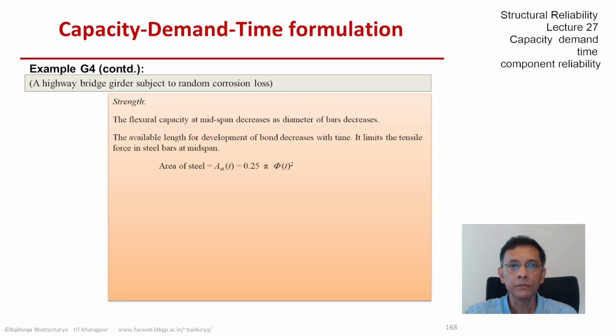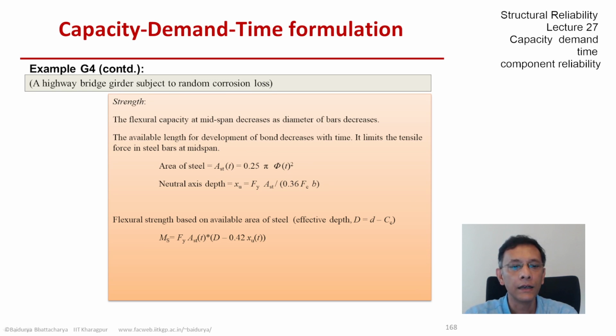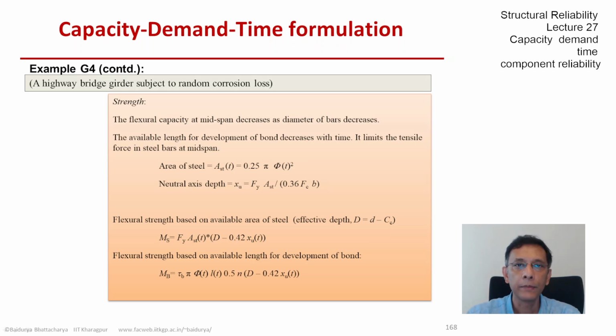So to be specific, this is how the area of steel is affected by corrosion loss, phi being the current diameter, and that in turn affects the geometry of the section, and that in turn affects the bending moment capacity based on the area of steel, and likewise the bending moment capacity based on the bond length is also affected by the diameter and the depth of the neutral axis.